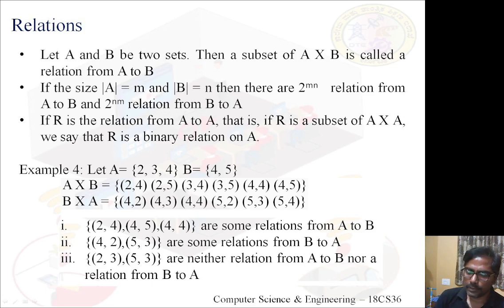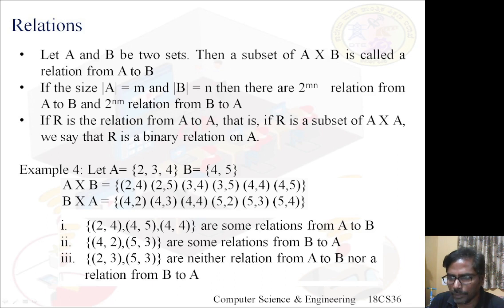Now suppose you have computed B cross A, and we have a subset of B cross A. In that case we call it a relation from B to A. Got it?